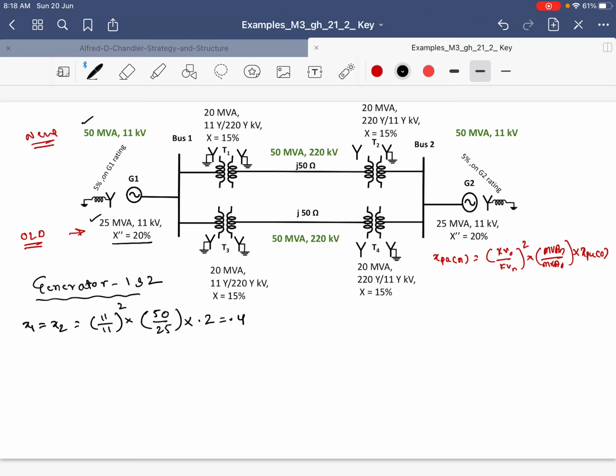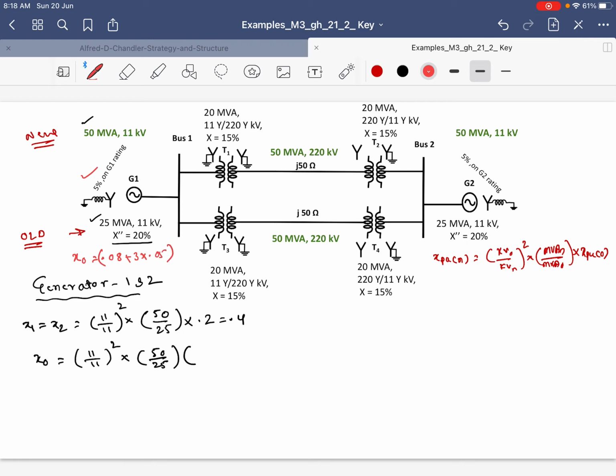Then to calculate the value of x naught of generator 1 and 2, once again it is 11 divided by 11 whole square into 50 by 25. The old value of x naught comprises the generator zero sequence reactance, which is 0.08, and xn value is 0.05, therefore it is 3 times 0.05.